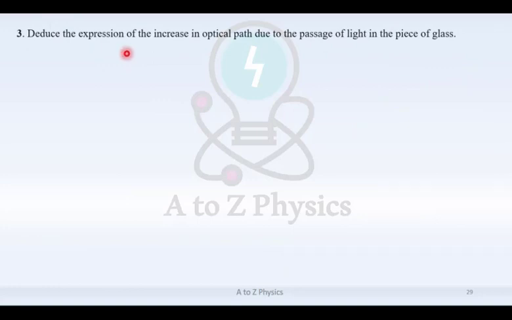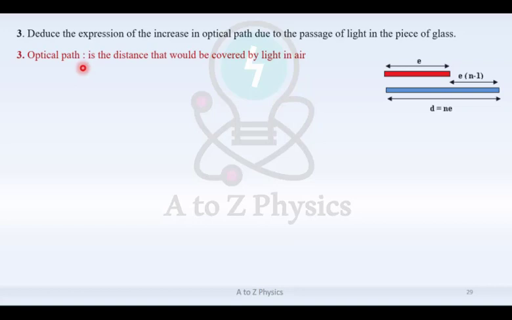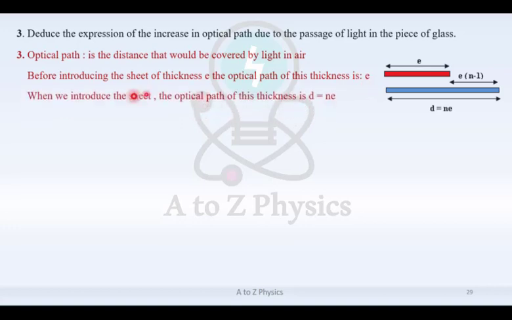Deduce the expression of the increase in the optical path difference due to the passage of light in the piece of glass. The optical path is the distance that would be covered by light in air. Before introducing the sheet of thickness e, the optical path of this thickness is e, while when we introduce the sheet, the optical path of this thickness is d equals n e.